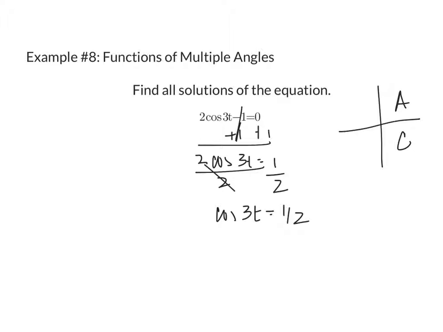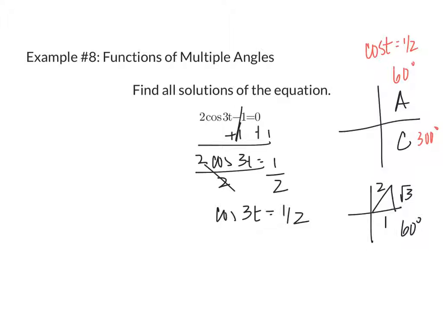If I think about cosine as adjacent over hypotenuse, the adjacent is 1, the hypotenuse is 2, so that means this is a 60-degree angle. A 60-degree angle in quadrant 1 would be 60 degrees, and in quadrant 4 it would be 300 degrees.